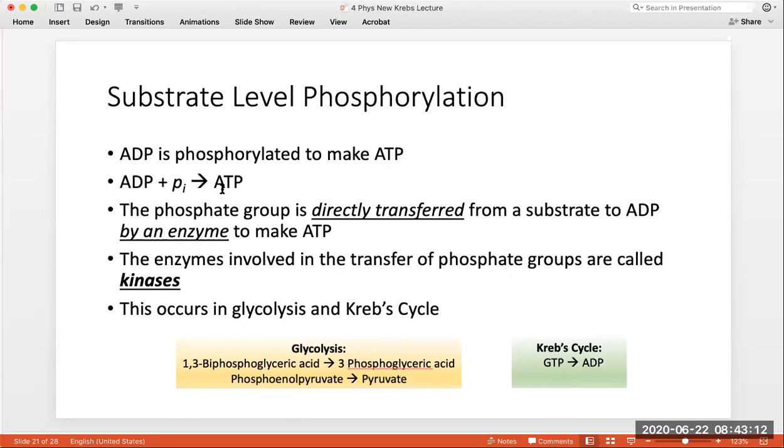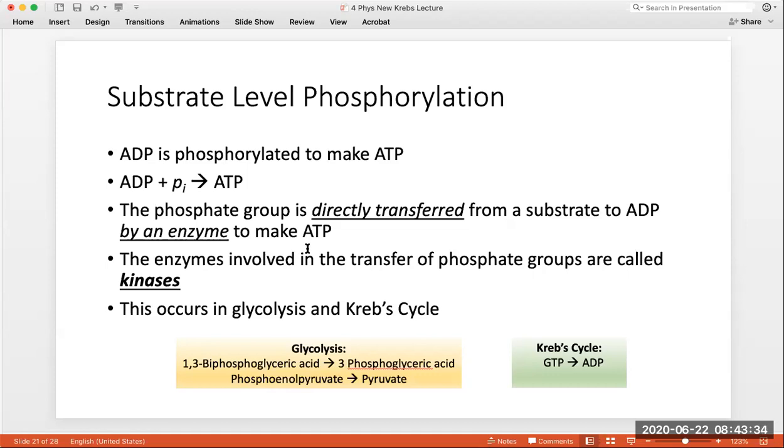It's still this exact same reaction. In substrate level phosphorylation, this phosphate group comes off of an intermediate. The enzyme pulls it off of an intermediate, attaches it to ADP to make ATP. So the phosphate group is directly transferred from a substrate by an enzyme to make ATP.